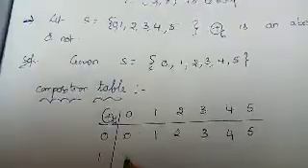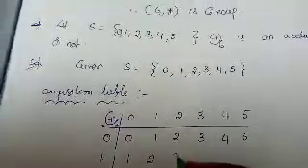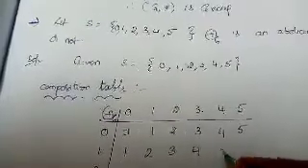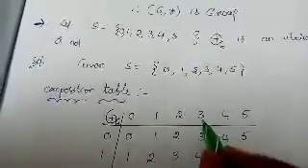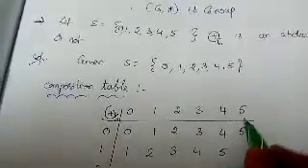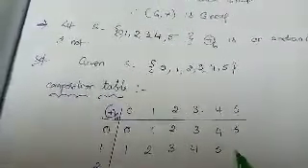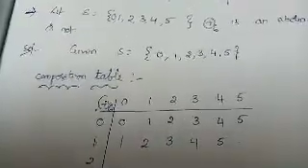So here 1 plus 0, and 1 plus 1 gives 2. In the same way the remaining elements are like this: 1 plus 1 is 2, 1 plus 2 is 3, 1 plus 3 is 4, 1 plus 4 is 5, and here 1 plus 5 is 6. But here 6 does not belong to the given set.